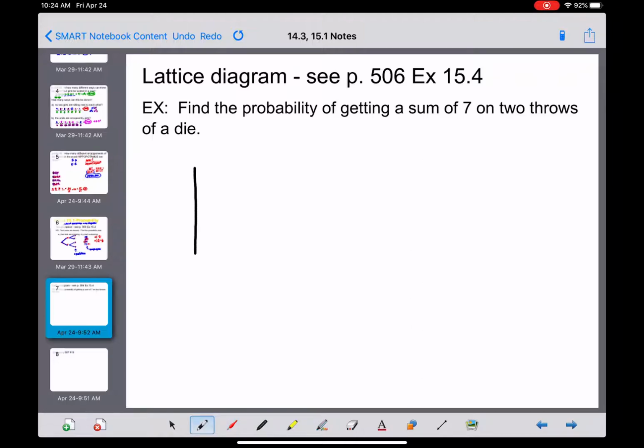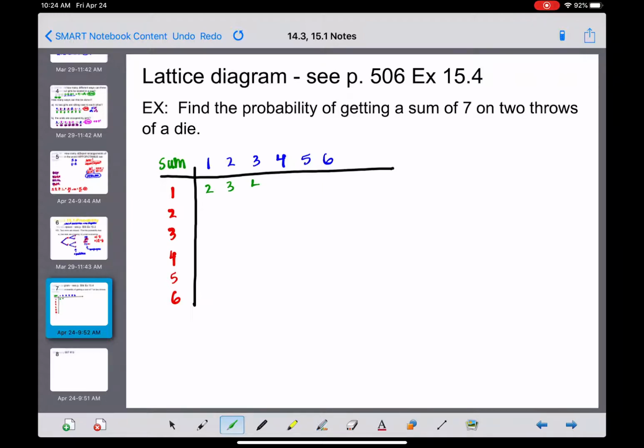So in this case, we could represent this by what they would call a lattice diagram. So the first time we roll the die, we could get the numbers 1 through 6. The second time we roll the die, we can get the numbers 1 through 6. And so then we're able to show the sums. This is a sum of 7. So a 1 and a 1 is a 2, a 1 and a 2 is a 3, and so forth. So you should be able to create this lattice diagram.